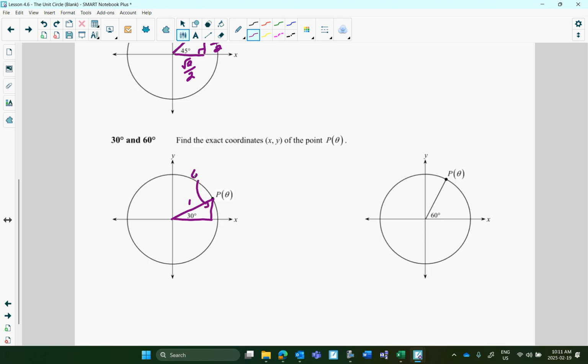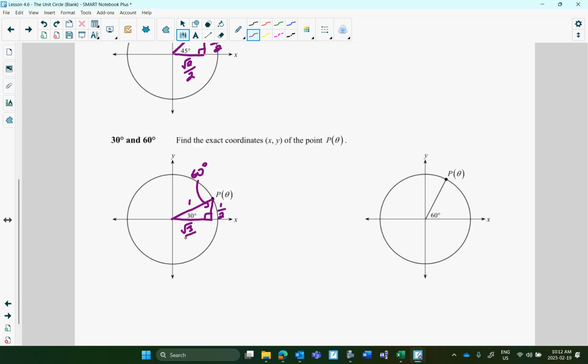This was 60 degrees here, although it really doesn't matter. We're just focusing. What were the side lengths of each in a 30, 60, 90? Which one's which?